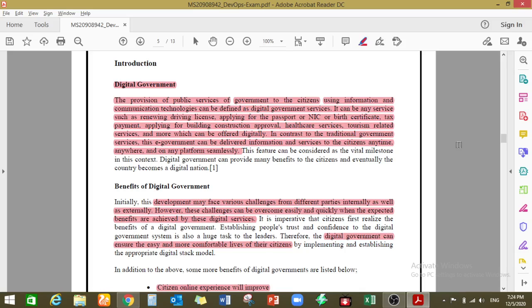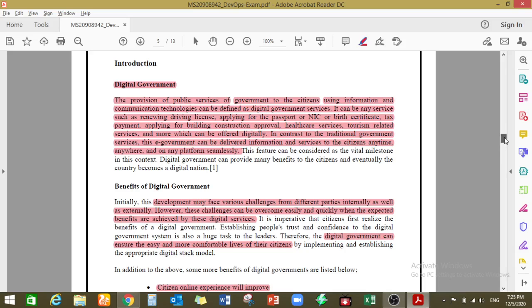The service can be anything, such as renewing a driving license, applying for a passport or NIC, getting a birth certificate, tax payment, applying for building construction approval, healthcare services, tourism related things, and the list goes on. Opposite to the traditional government service, e-government can deliver information and services to the citizens anytime, anywhere, and on any platform seamlessly.